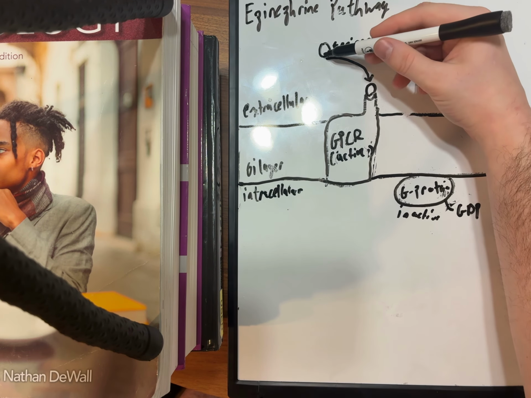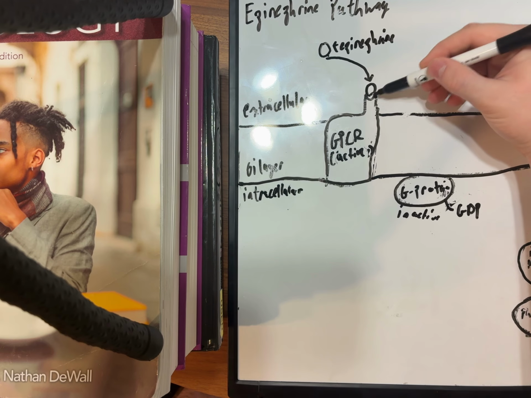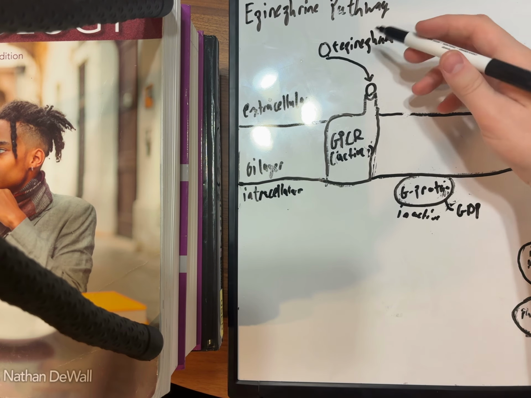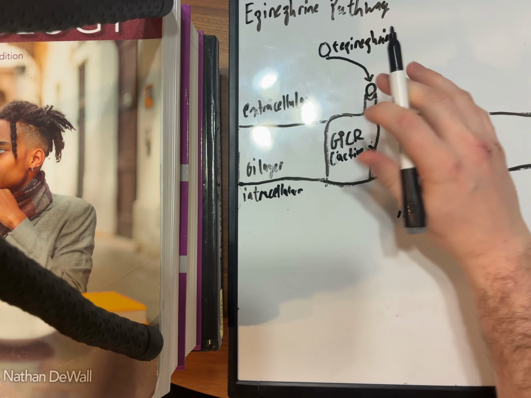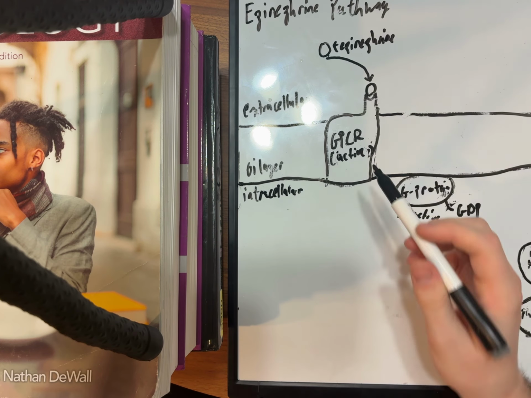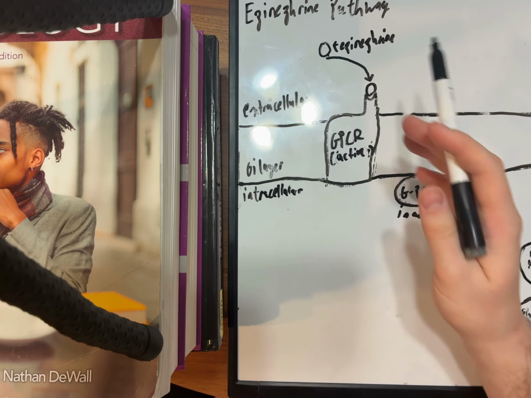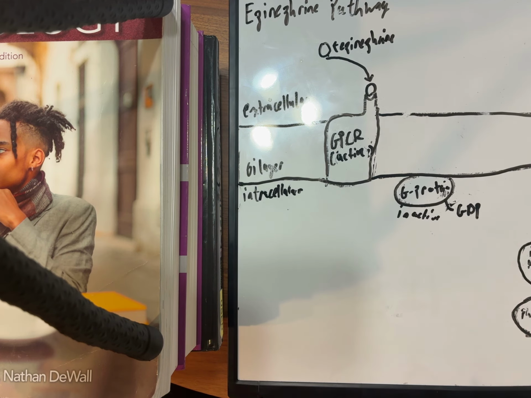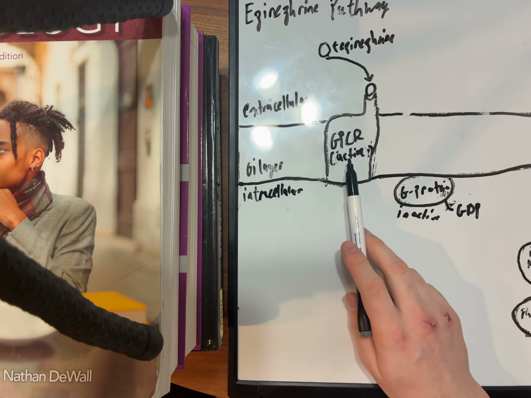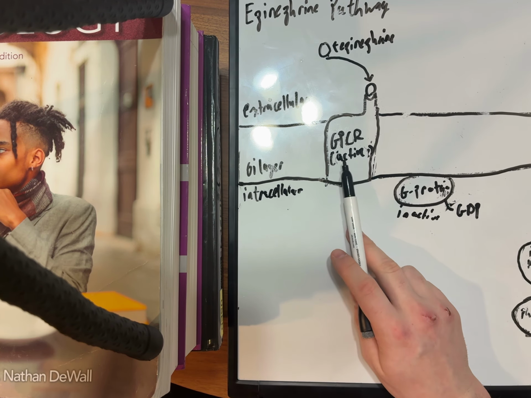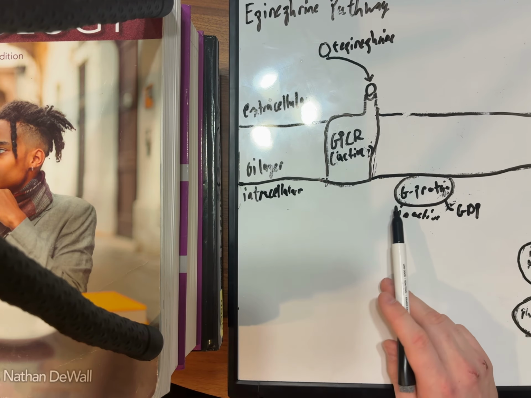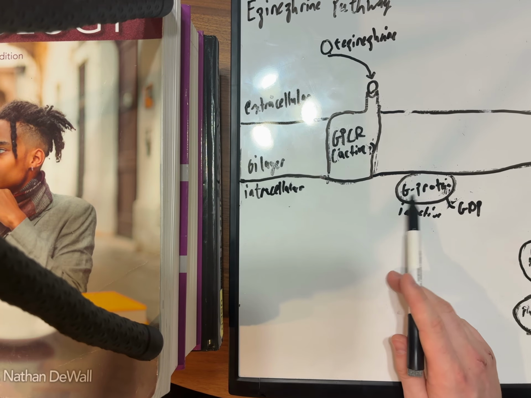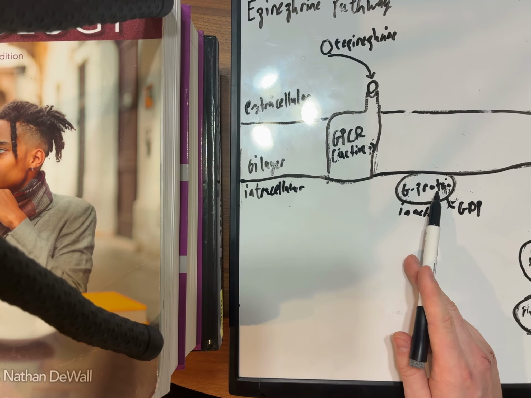And all that means is when it binds this ligand, which is epinephrine, it's going to slightly change the structure of the actual receptor, and that slight change in structure is what's going to make a response happen. So in the case of GPCRs, when they become active, they are going to bind to their respective G protein.